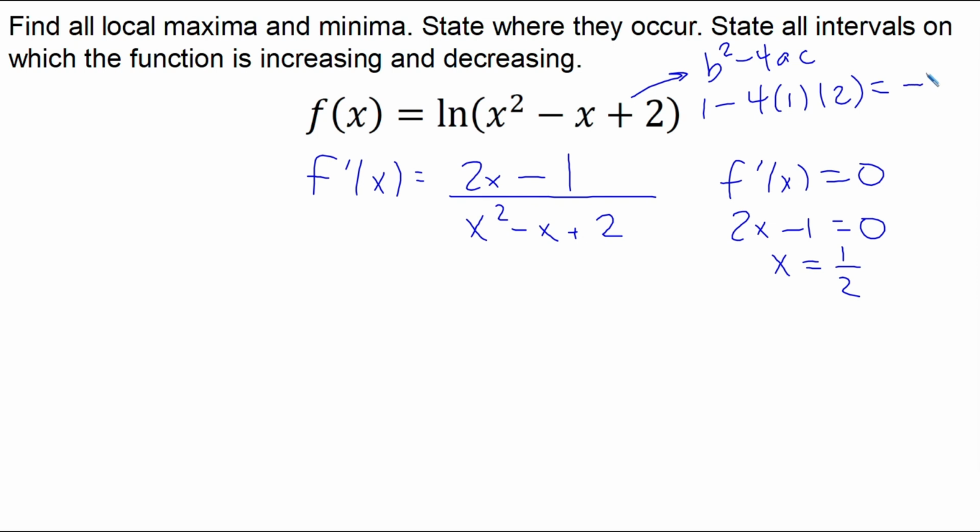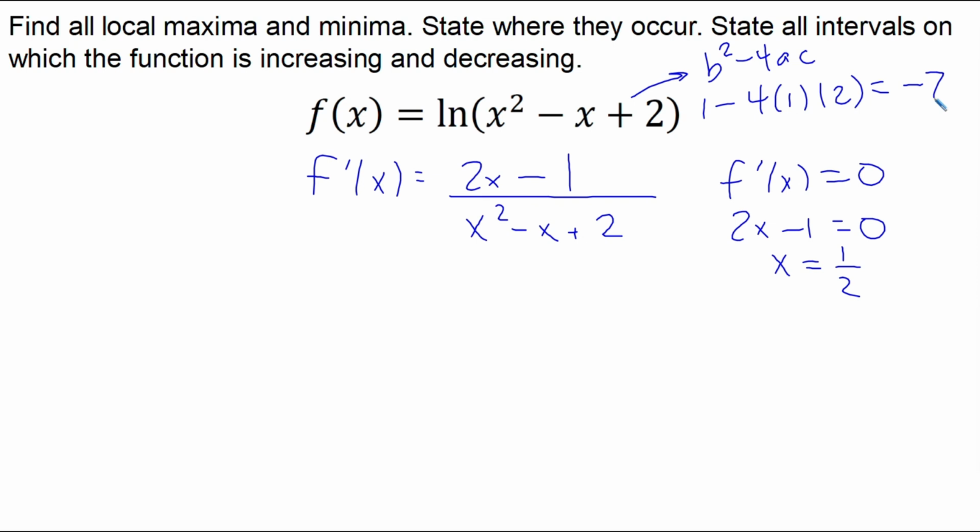We get a negative 7 here, which means that this doesn't have any real solutions, which means it doesn't have any x-intercepts, which means it's lying entirely above the x-axis, which means that the values of x squared minus x plus 2 are always positive numbers. And so if that's the case, then we know that there's no discontinuities in our original function whatsoever. So we don't have to worry about any extra stuff to look at here.